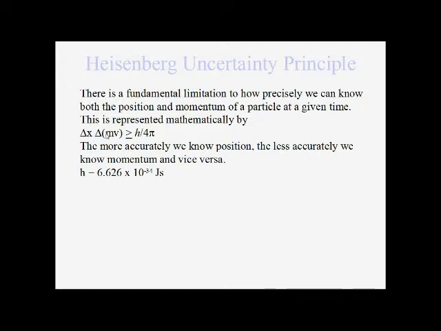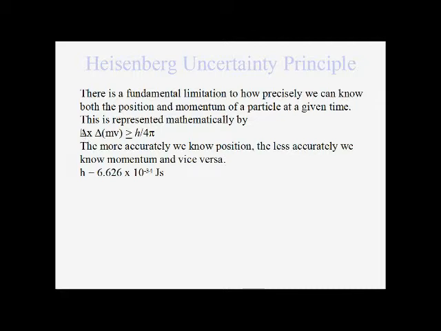Let me rephrase this. This delta here represents the uncertainty. So when we make a measurement, we always have an uncertainty associated with it. So delta x is the uncertainty in location times the uncertainty of momentum. This will be greater than or equal to h over 4 pi, Planck's constant divided by 4 pi.